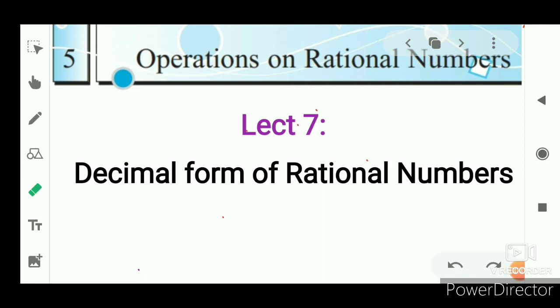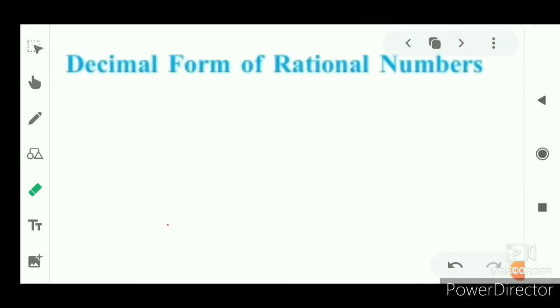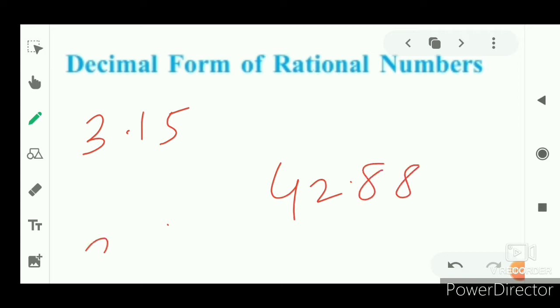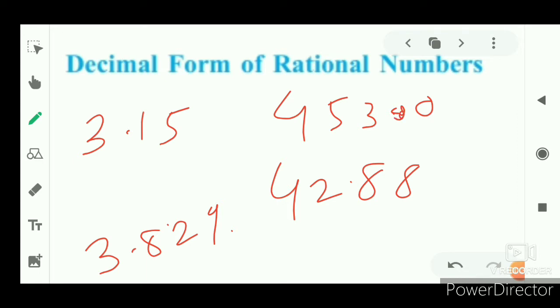Now, in this lecture, we will see the decimal form of rational numbers. So, what do we mean by decimal forms? Let's see. Any number like 3.15, 42.88, 3.829, 453.0, any number that contains the decimal point.